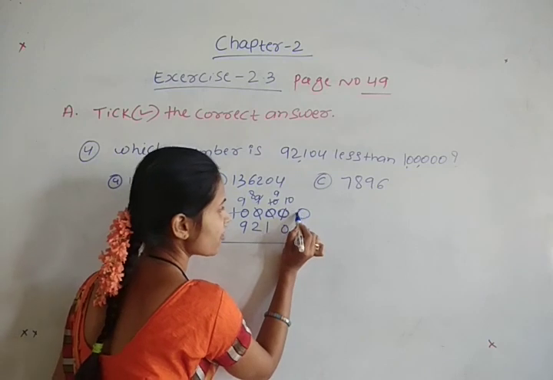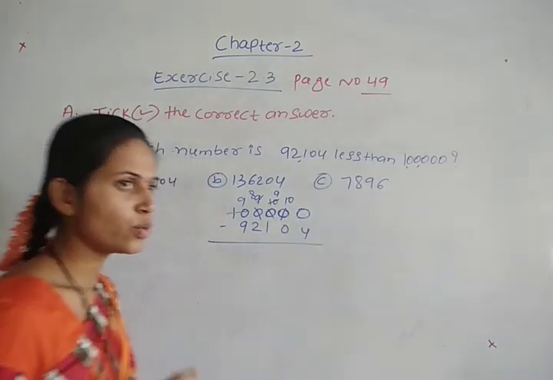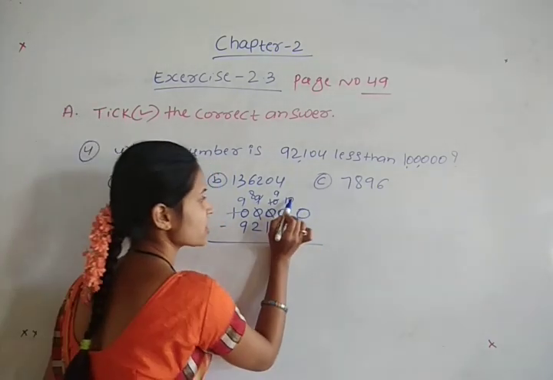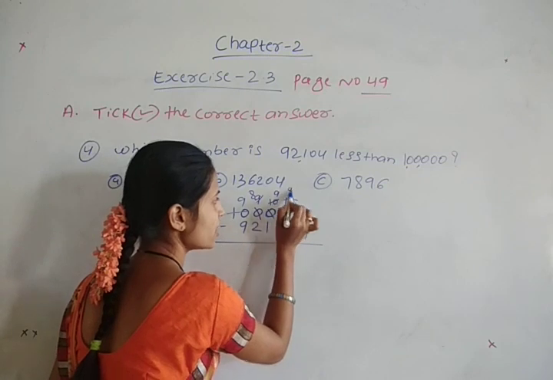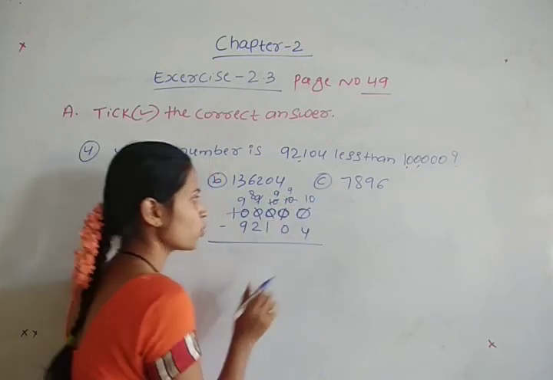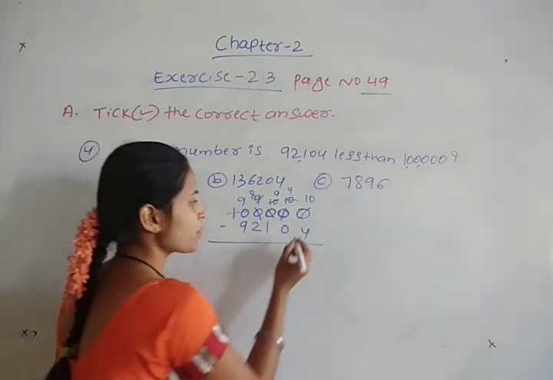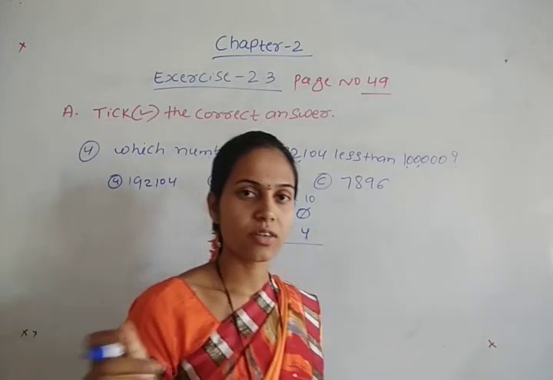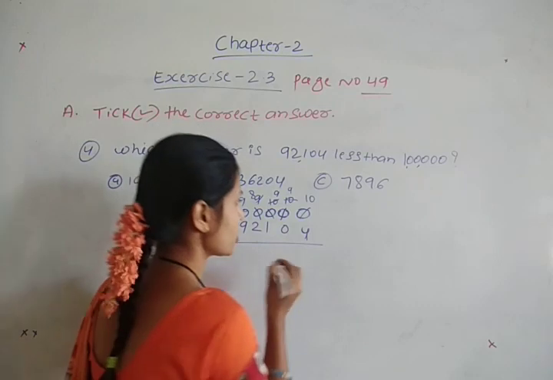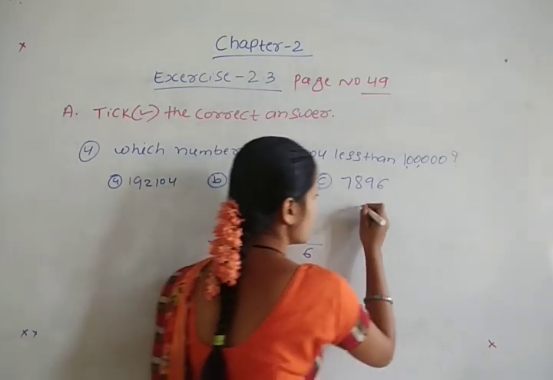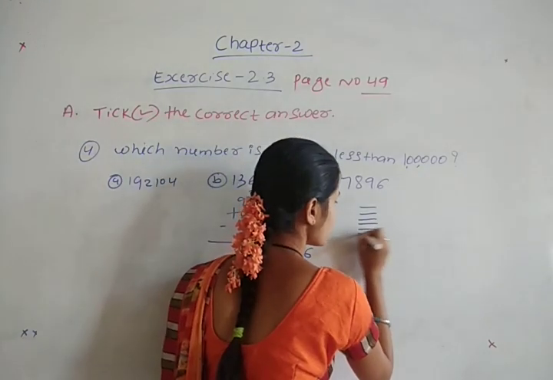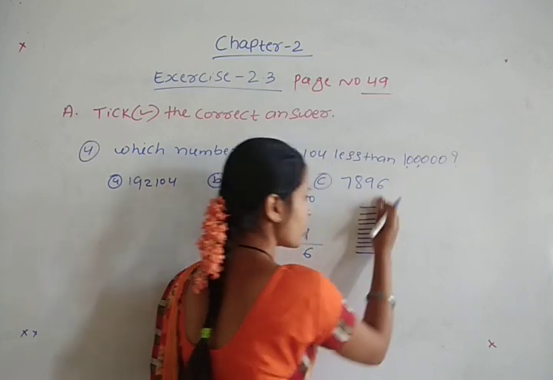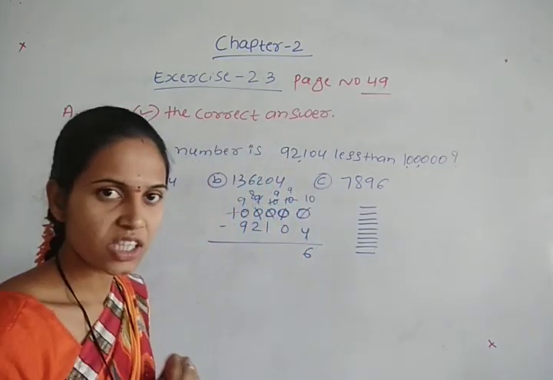Now here we have 0. For this, I will take one borrow from this 10. Now this 10 becomes 9. Here we have 10. Now let us subtract 4 from 10. If you subtract 4 from 10, what will you get? You will get 6. See here: 1, 2, 3, 4, 5, 6, 7, 8, 9, 10. We have 10 bars in total.